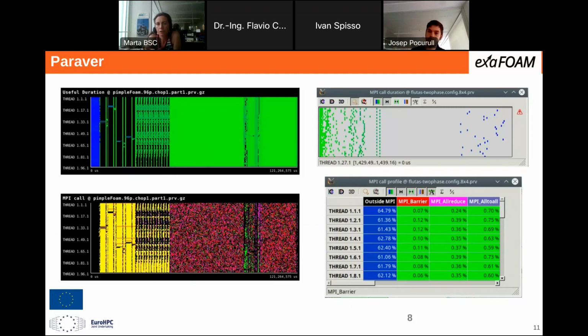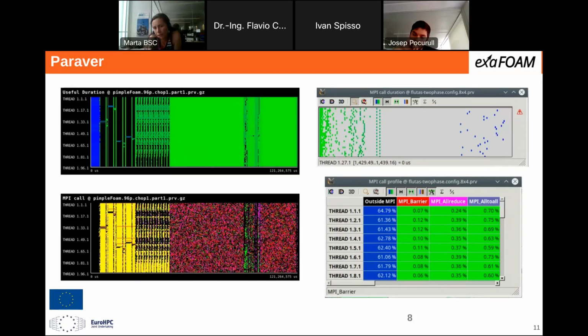On the right-hand side, we see histograms. Histograms are another way of analyzing the data in the trace, where the data is aggregated. So we don't have the timestamp information anymore, but we have the aggregated values. In the top one, the histogram has the control scale in the x-axis, and in the y-axis we still have the different MPI processes.